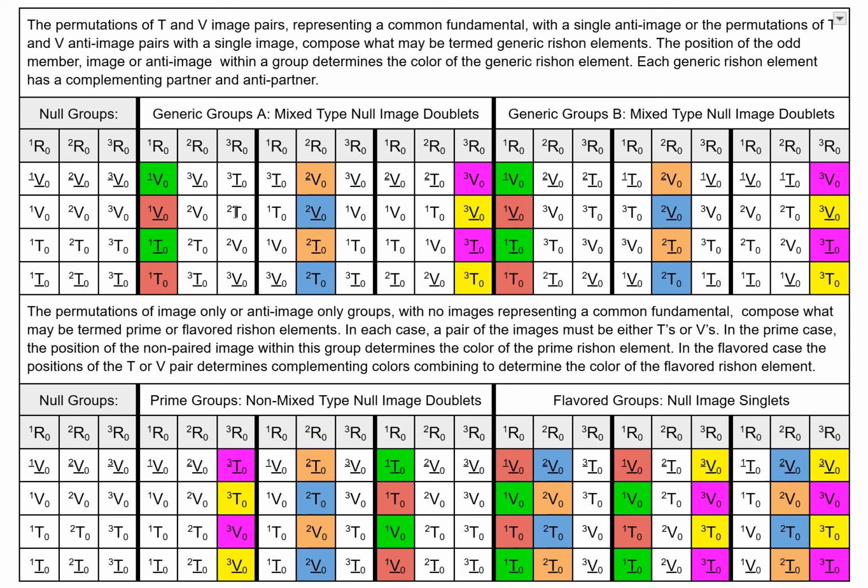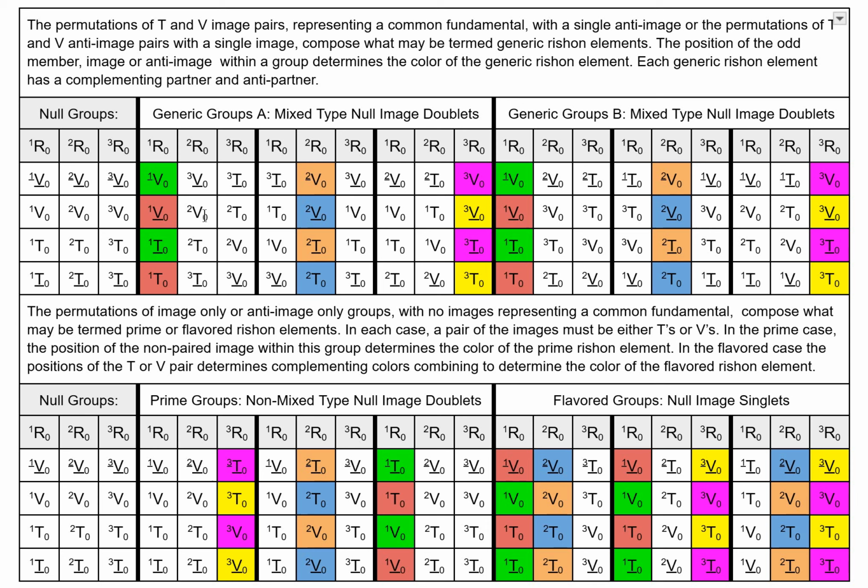Well, we should be able to find another V and T pair with the anti-image 3. If we go here, we can see that we have a 2 and a 2 again here, and we have the anti-image 3. So that's the complementing partner.